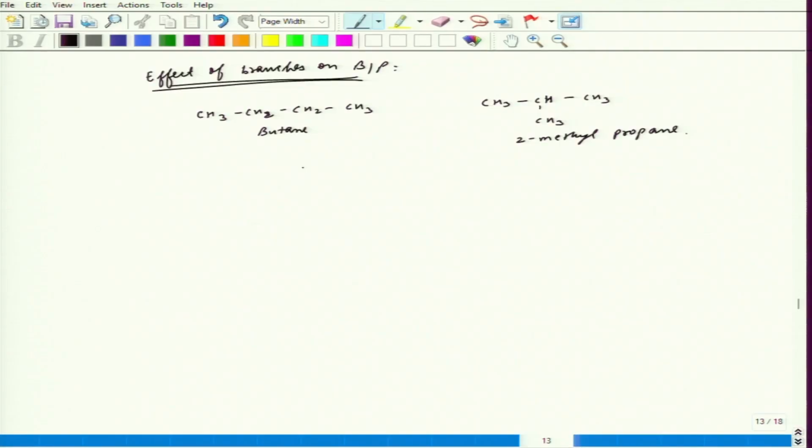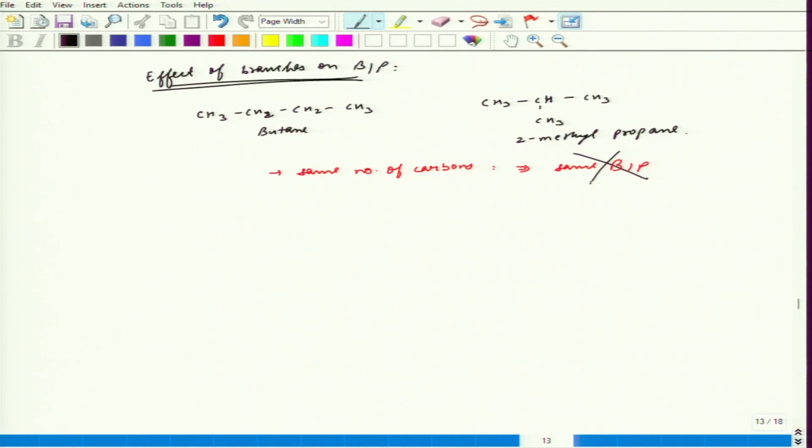Both have the same molecular formula, the same number of carbons. So from our knowledge till now, does this imply the same boiling point? No, it does not have the same boiling point.